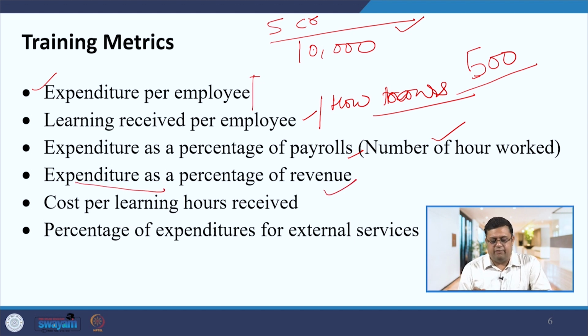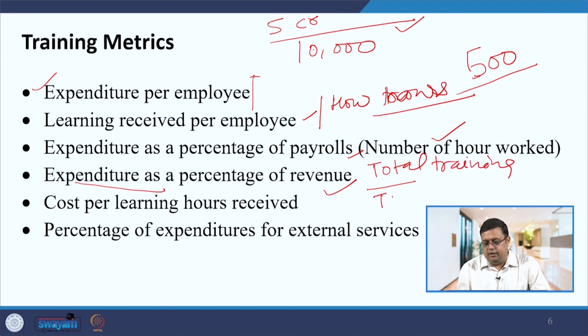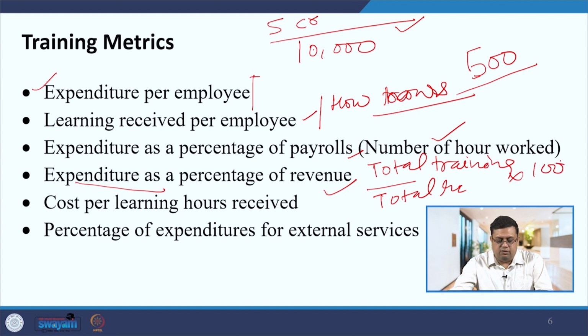Whatever is the revenue of your organization, you can see total training cost divided by total revenue multiplied by 100. That is how you can calculate the expenditure as a percentage of revenue.